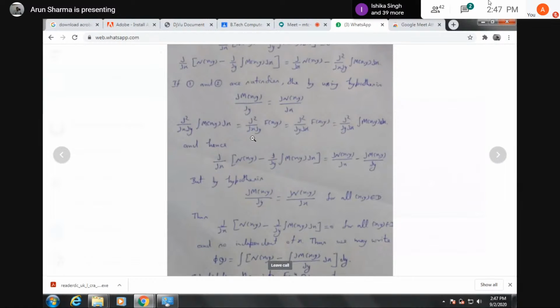So now this del f upon del x of f(x,y) means it will become the integration of M(x,y) dx. Okay, this f(x,y) you can write the same, meaning what we have replaced is the integration of M(x,y) del x. So here again you can write the integration of M(x,y) del x, and hence del x of N(x,y) minus del y of the integration of M(x,y) del x.